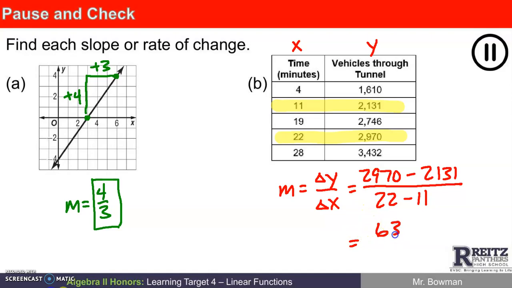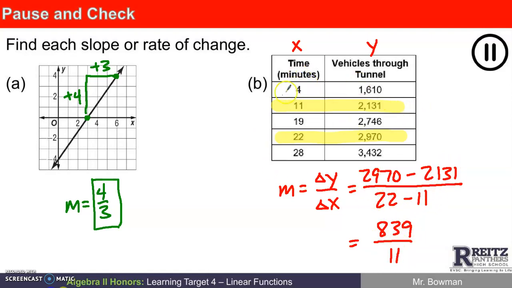Does that sound right? Oh, not 639, 839. That happened in real time, folks. Quick check. Add that back, 839, I get 2,970. Yes, okay, that works. Bottom's easier. 22 minus 11 is 11.